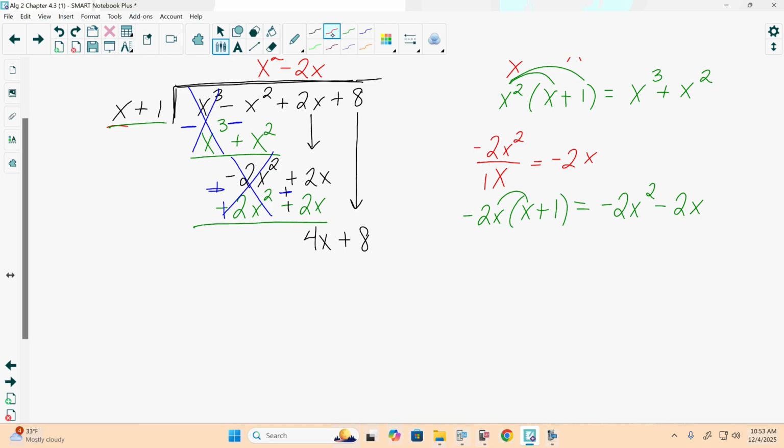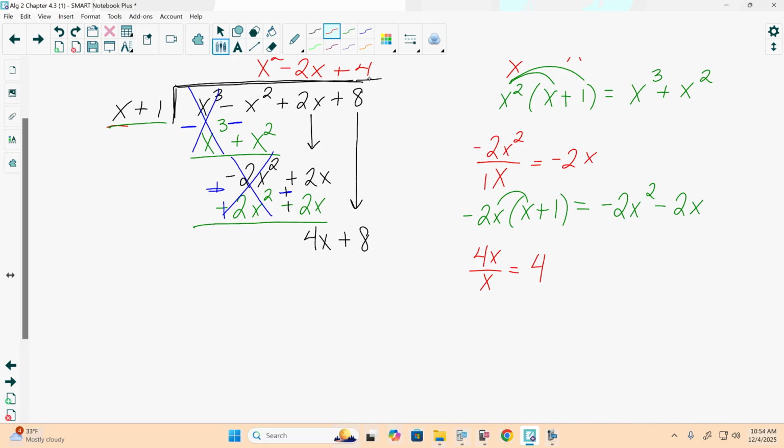Now we need to do this one more time because we need to see what times x is 4x, or an easier way to do this, we can take 4x, our first term, and divide it by the first term outside. And our 4x divided by x is 4, positive 4. So we have plus 4 above the line.